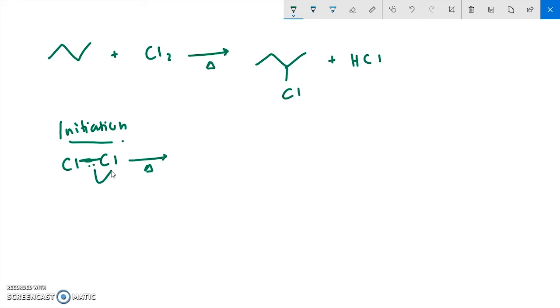The homolytic fission will make the chlorine obtain 1 electron each, and it's going to produce Cl radical plus Cl radical.